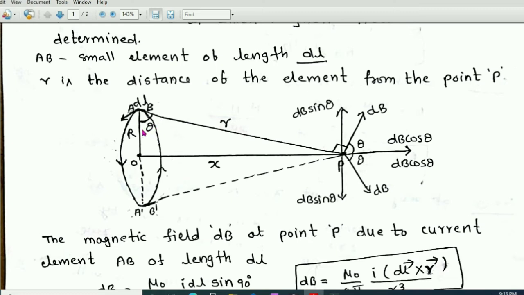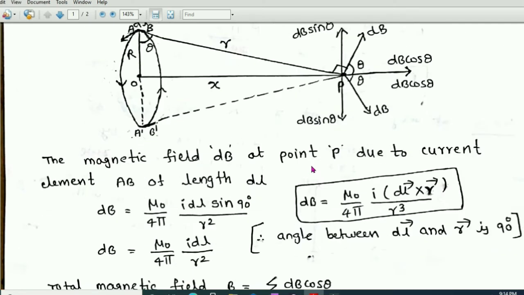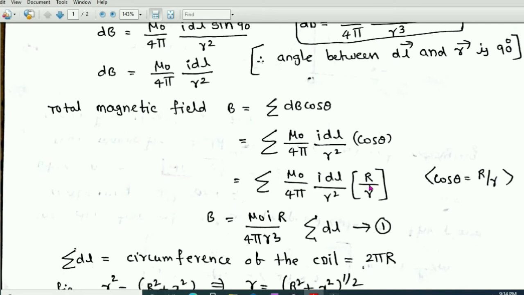The cos theta formula is adjacent side by hypotenuse. For this theta, capital R, the radius, is the adjacent side and small r is the hypotenuse. So cos theta is equal to capital R by small r, and in place of cos theta we can write capital R by small r.